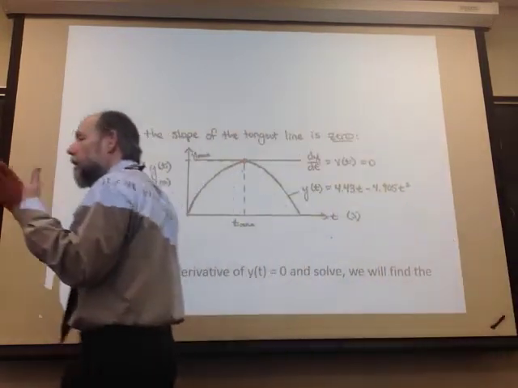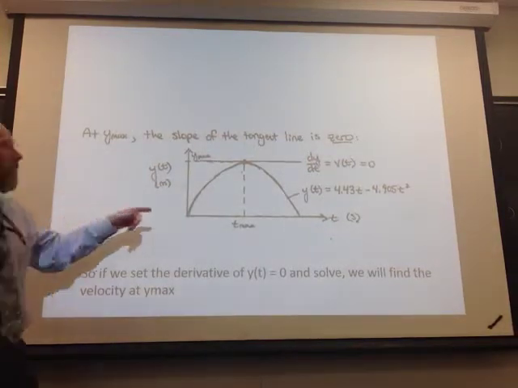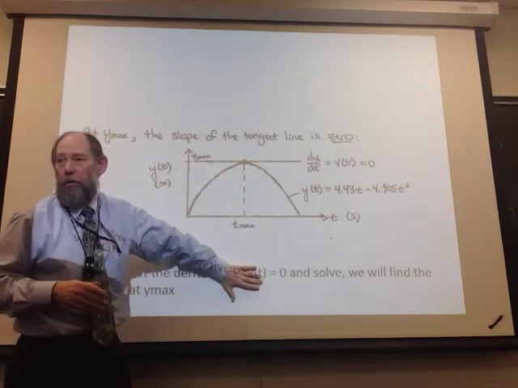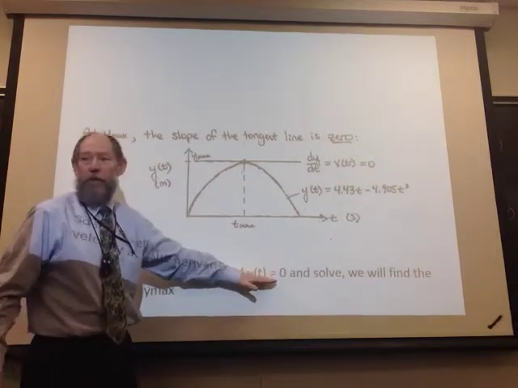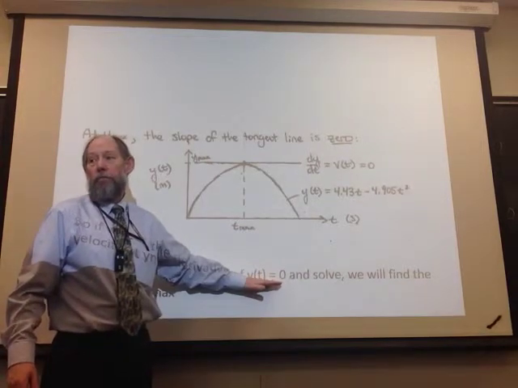And so any function whose first derivative is zero marks a maximum. It could also mark a minimum, and we'll talk about how to tell the difference. Because this curve could be flipped over, and that could be a zero down here, and it's a minimum, not a maximum.